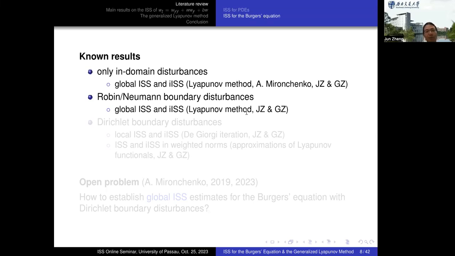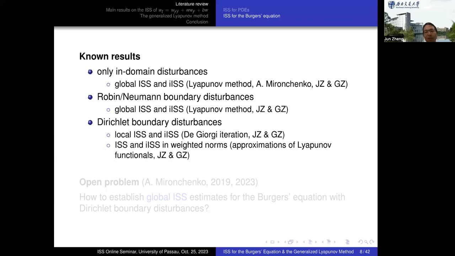But for the Burgers equation with Dirichlet boundary disturbances, as aforementioned, it is difficult to apply the classical Lyapunov method to establish the global ISS estimate. But by using the so-called Picard iteration, we can still prove that the system is local ISS and local integral ISS.